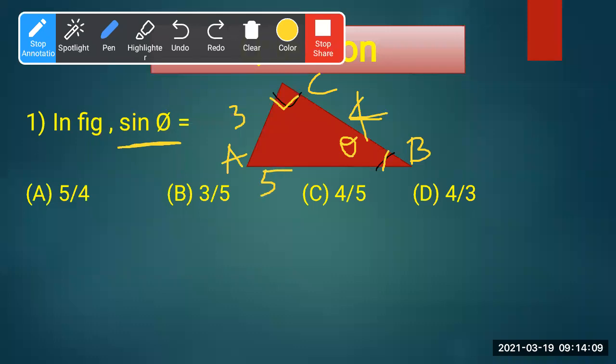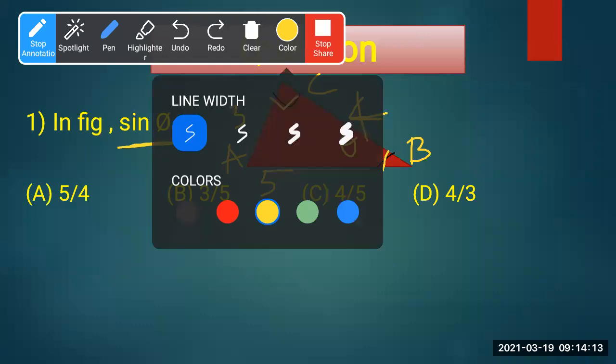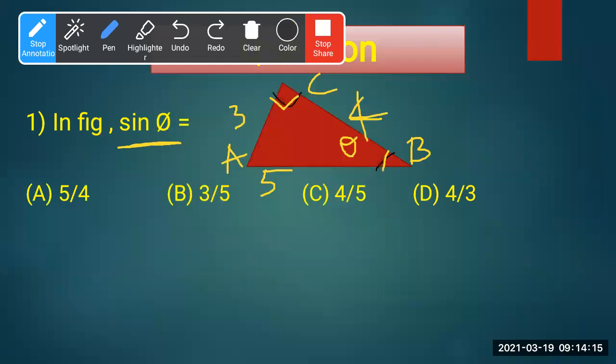Now here you have to find out the value of sine theta. You know the definition of sine theta.